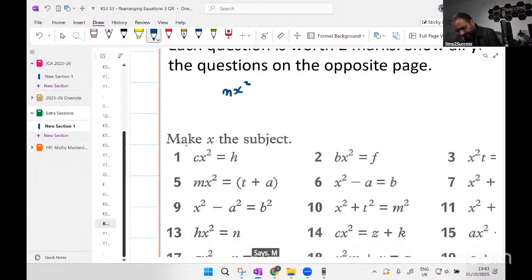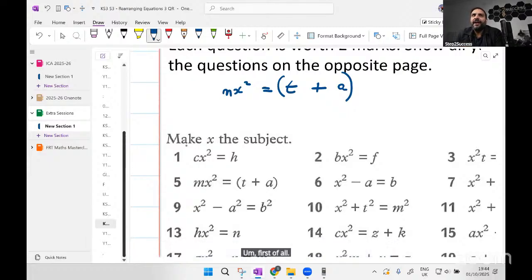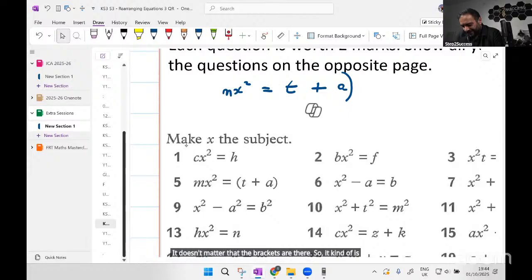mx squared equals t add a. Now, I can understand the confusion here, and it's probably the brackets. First of all, when there's nothing outside the brackets, it doesn't matter that the brackets are there. So it kind of is the same as just that. There isn't really any difference between this and this.